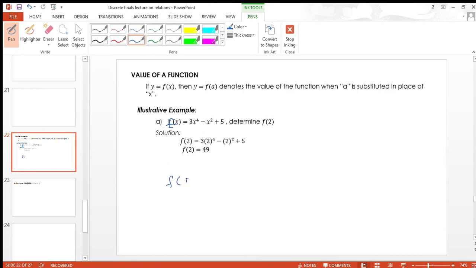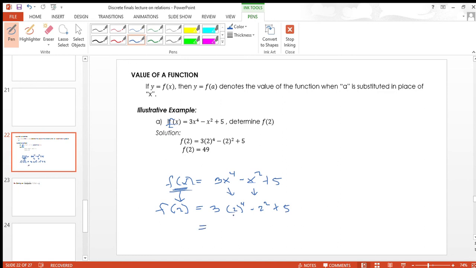So if f of x is 3x to the fourth minus x squared plus 5, so if we want to find now f of 2, we just want to get the value of x equals 2. Therefore, we just replace each value of x by 2. That will be 3 times 2 to the fourth minus 2 squared plus 5.